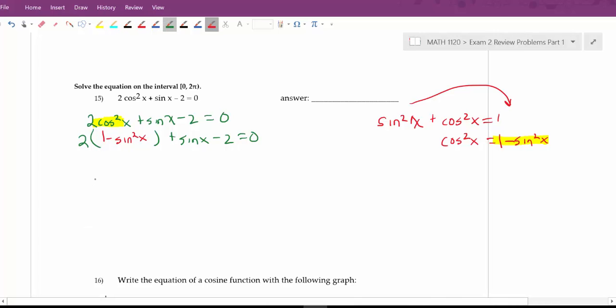We just have sines. So now I'm going to do a distributive property. So that's 2 minus 2 sine squared x plus sine x minus 2 equals 0. Okay, the 2's cross out, which is kind of nice, and then you're left with negative 2 sine squared x plus sine x equals 0, and you've got to solve this by factoring.